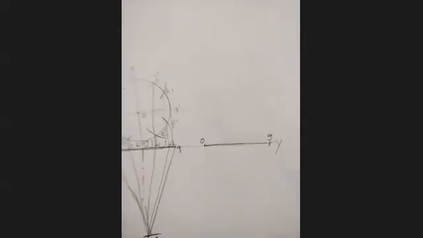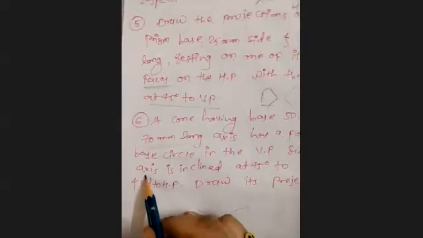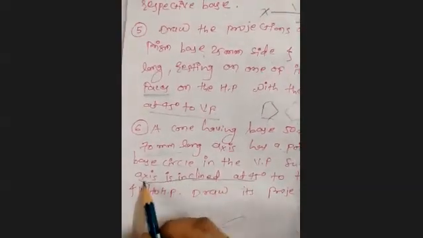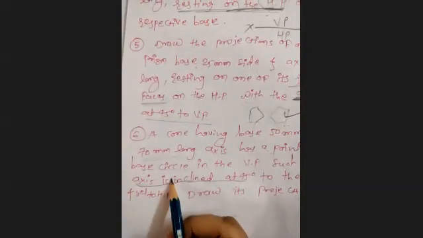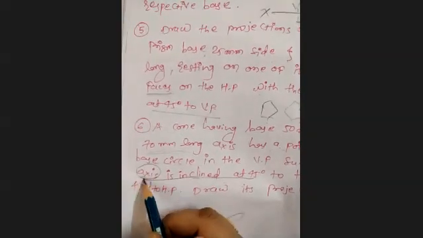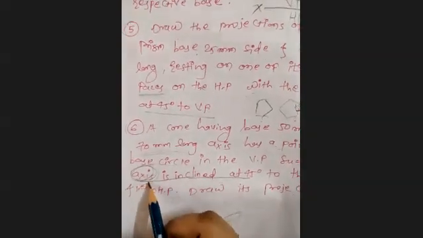Yes, ma'am. Okay. After that, they are given, guys, listen carefully. They mentioned axis is inclined at 45 degree, not only incline at 45 degree to VP. They mentioned particularly axis incline at 45 degree.